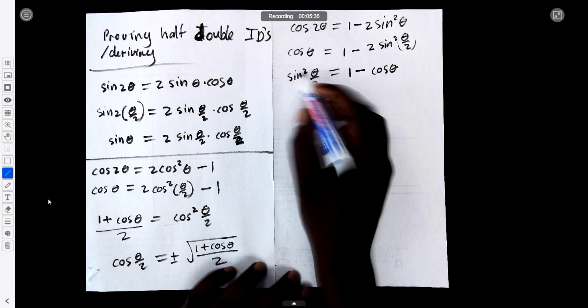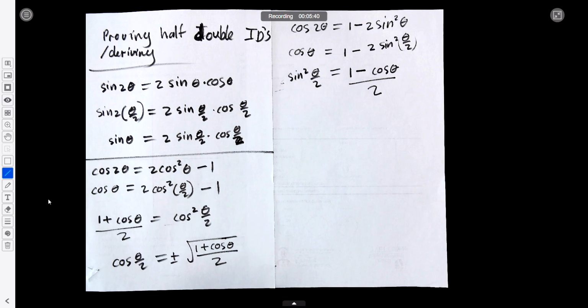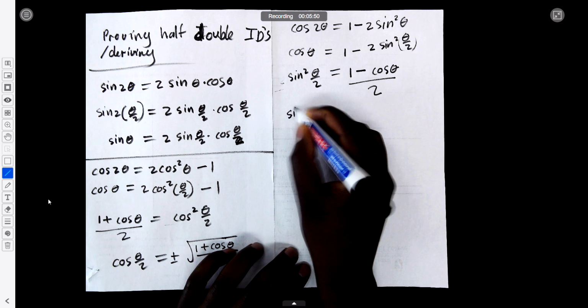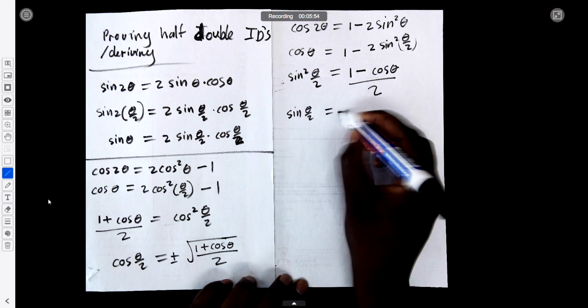Let's divide by the 2 here. It was 2 here. Divide by 2 on both sides of the identity, and you'll have over 2. Now we want to make sine the subject of the formula. We get rid of the square by putting a square root of plus or minus.